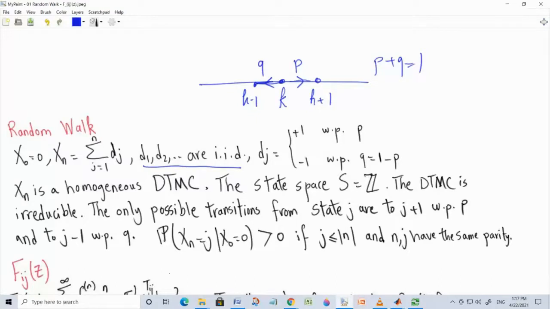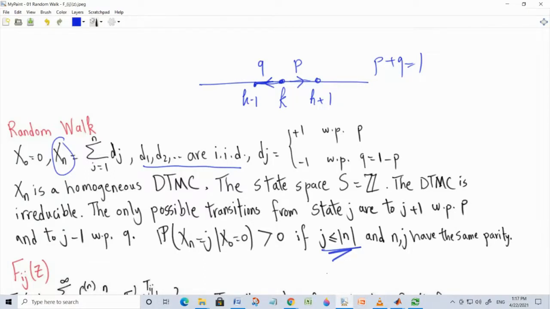We talked last time about the value of X of n, which gives you your position, at what integer you are at instant n. If X of n is equal to j, then it must be the case that j is less than or equal to n in absolute value.